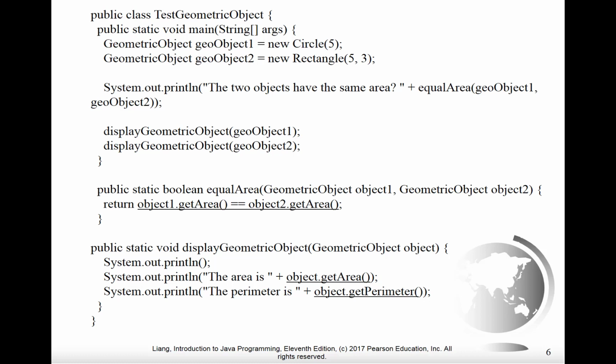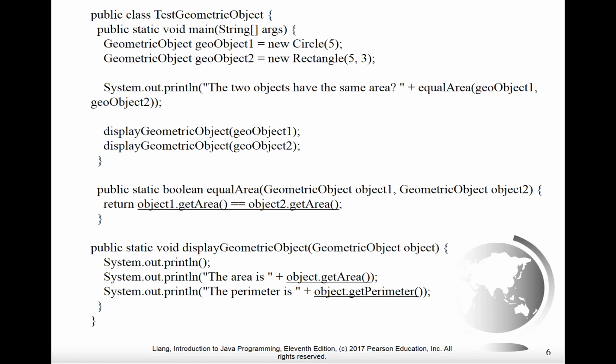We can now actually say object1.getArea. The trick now is that it's not defined directly inside of geometric object because it's only abstract there, which means we will have to go to the actual type of object 1 to find the implementation of the getArea function.